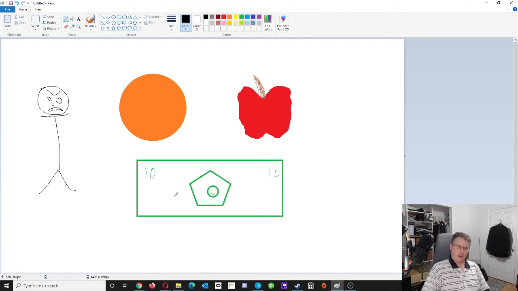And so after a number of trades like this, the established value of this orange is no longer 10, it is now 30. That is now the going rate for the orange. And then now people start complaining, we don't have enough money to buy ourselves enough apples and oranges.